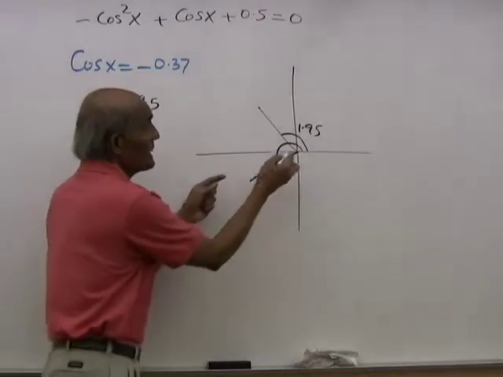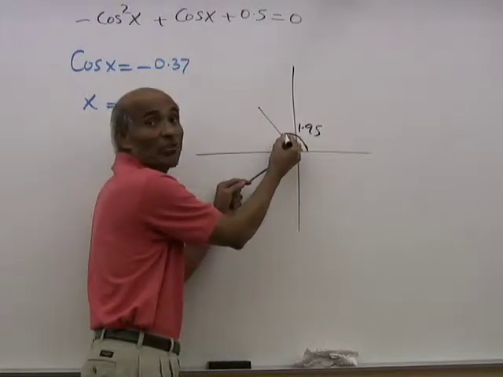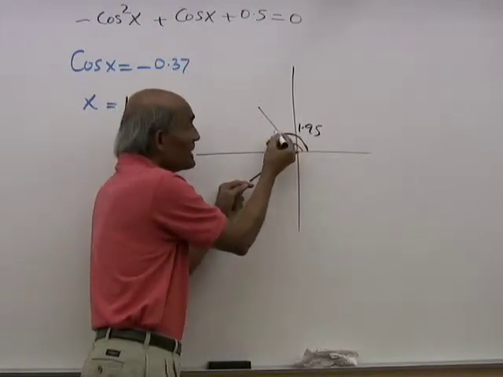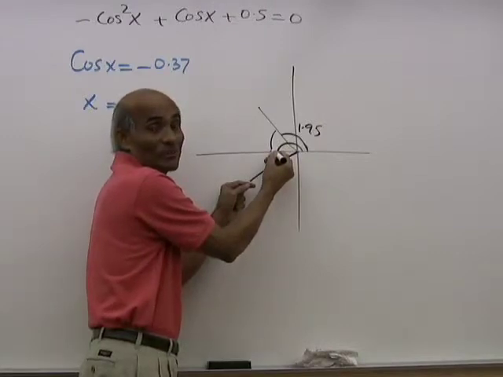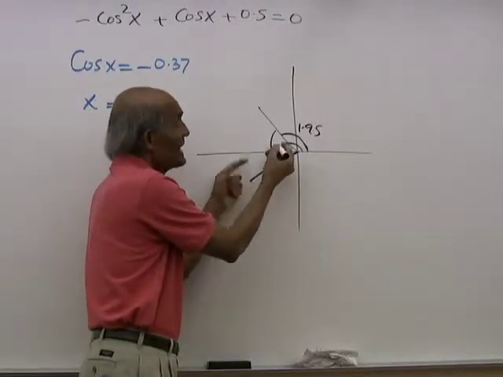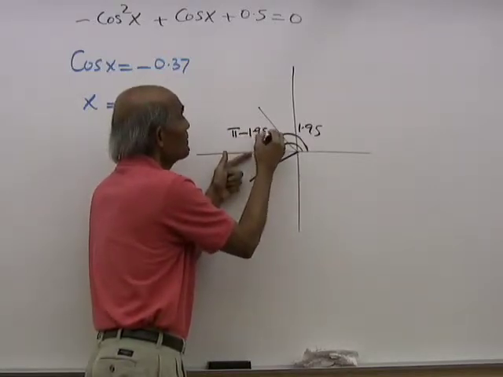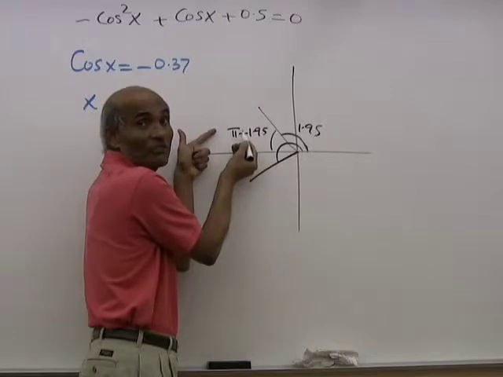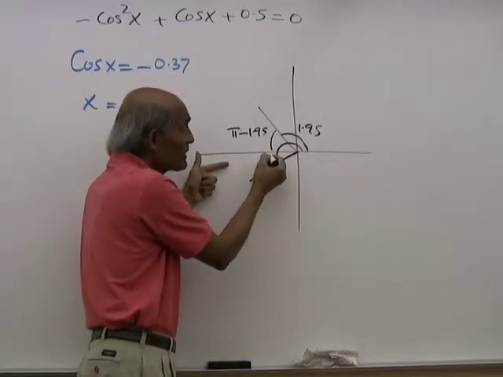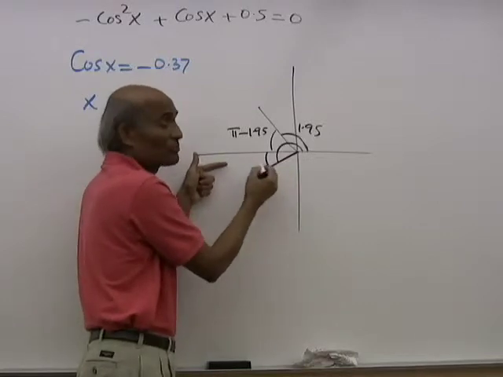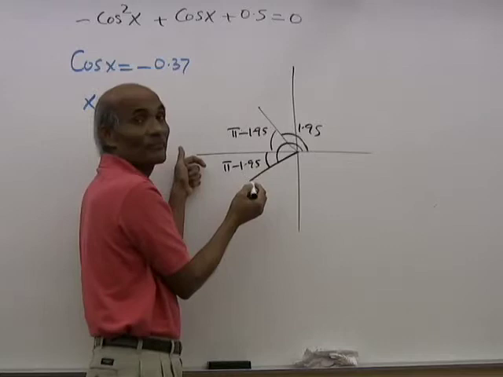Now, you must know that if this is the second quadrant number, then this is its reference number. From your trigonometry course, you know that. Now, this angle will be pi minus 1.95. And the reference angle in the second quadrant will be the same as the reference angle in the third quadrant. So this will be pi minus 1.95.